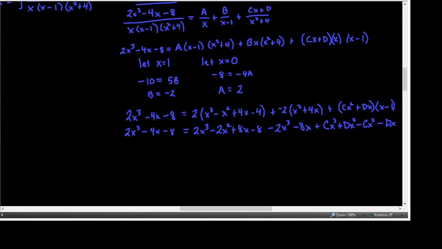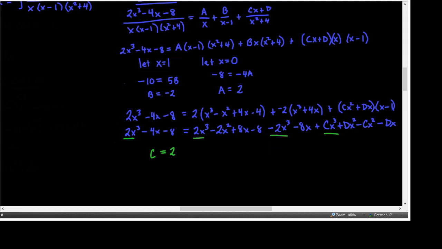Okay, so you might notice in this particular problem that this and this combine to be 0. So the only other cubed term is cx cubed, which has to equal 2x cubed. So c has to be 2. So that's pretty nice to know.